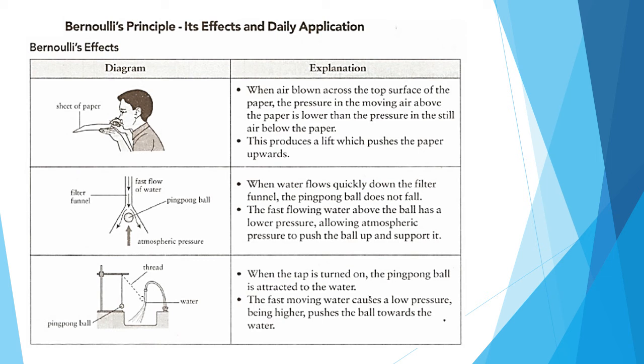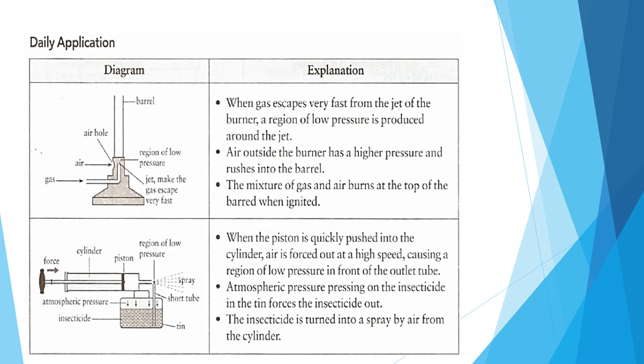So because the water flows faster, that area has low pressure, so it pushes the ball toward the water. The area of the ping pong ball is higher pressure and the area at the water is lower pressure, so the ping pong ball will be attracted to the water.